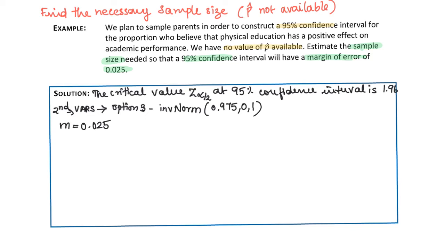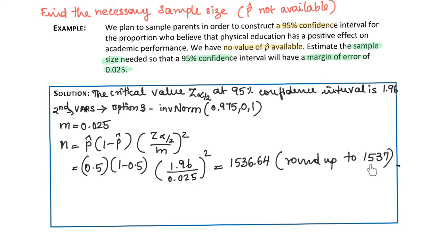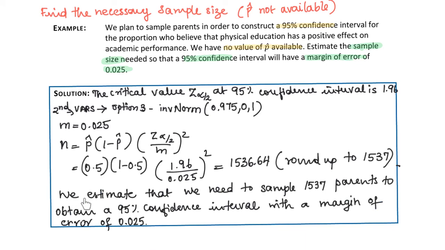Since p cap is not given, we assume that p cap is 0.5. So in this formula, we substitute the values and we round up to 1537. Since p cap was not given, that's why we assume that p cap is 0.5. So we estimate that we need a sample of 1537 parents to obtain a 95% confidence interval with the margin of error 0.025.